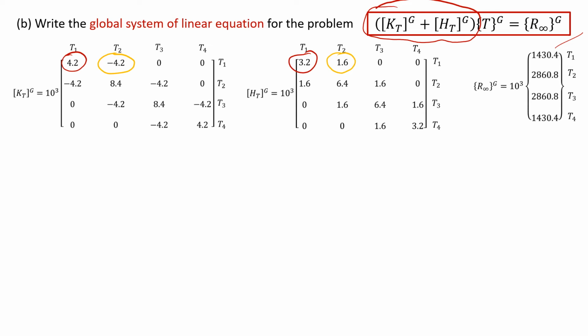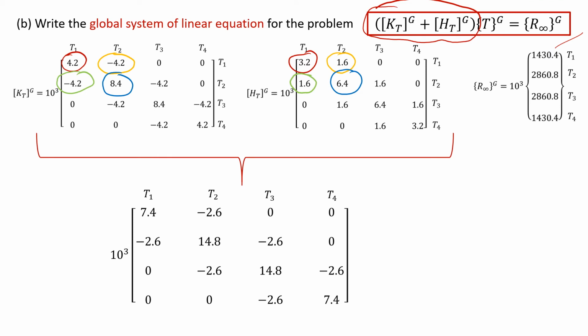While for K21, we need to add with H21. And similarly, for K22, we need to add with H22. And so on for other values. By doing so, we can obtain the product K plus H as shown.